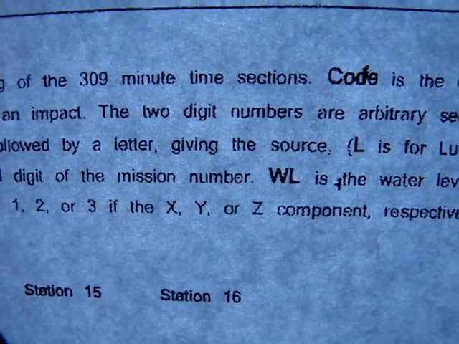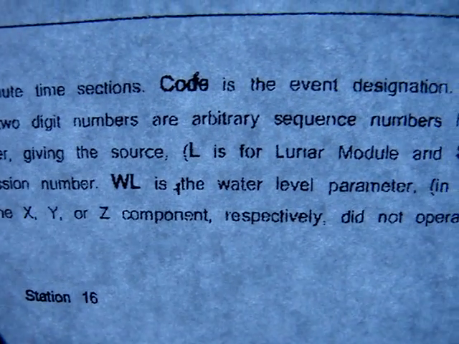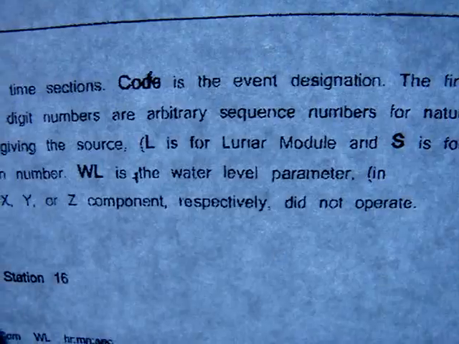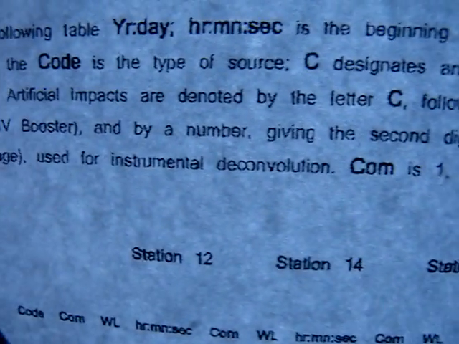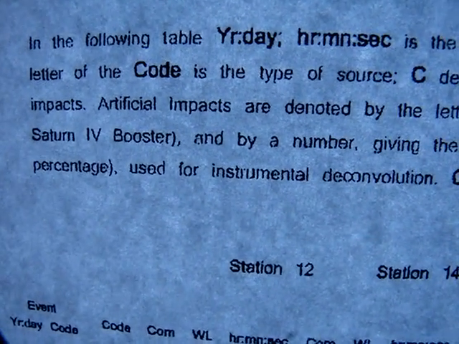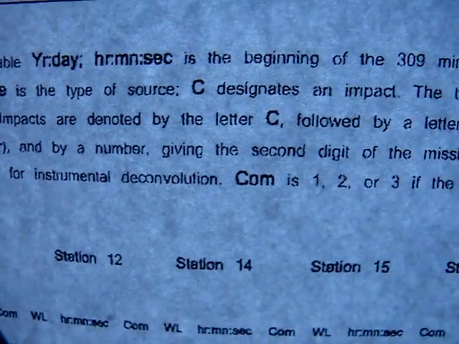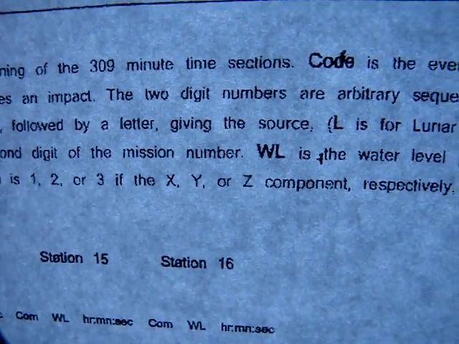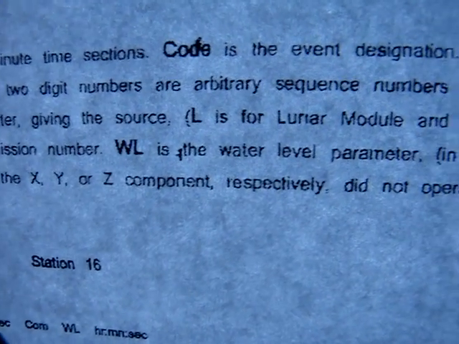C designates the impact. Two-digit numbers are arbitrary sequence numbers. Artificial impacts are denoted by the letter C, followed by a letter giving the source. L is for lunar module.